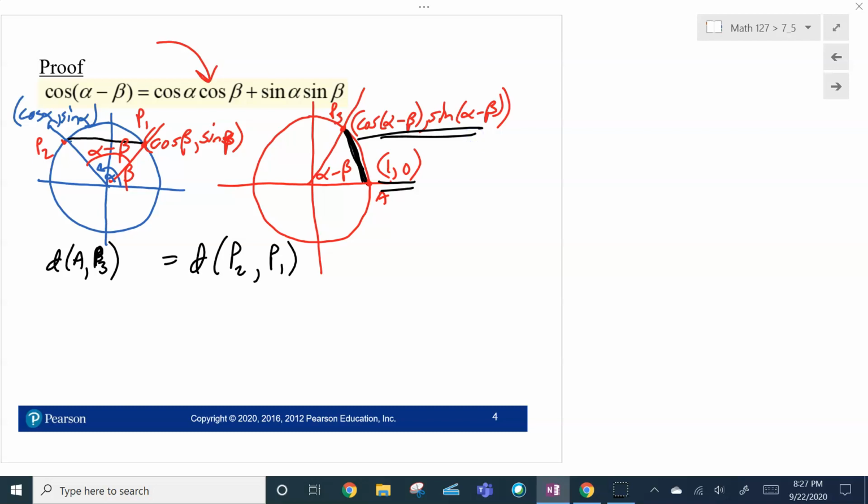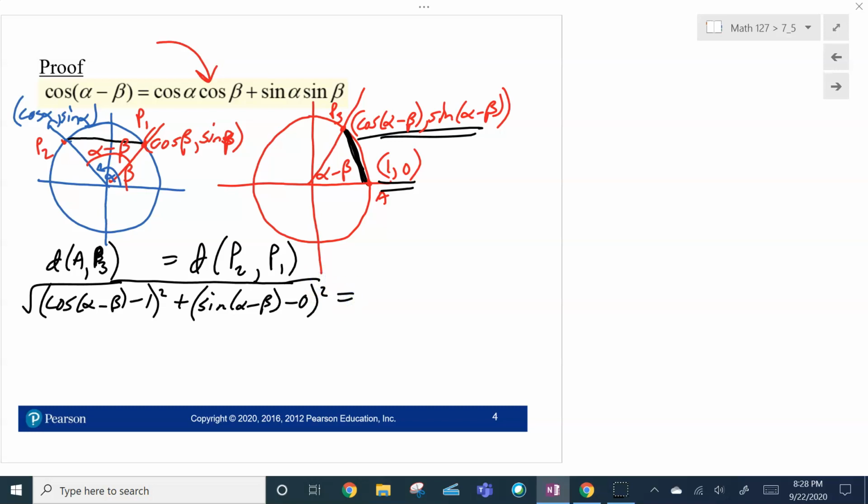First I'm going to use these points there. So the distance between A and point 3, I got the square root of cosine alpha minus beta minus 1, so that's x2 minus x1 quantity squared, plus y2, so sine alpha minus beta minus 0 squared, okay?